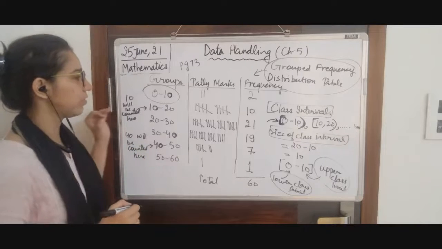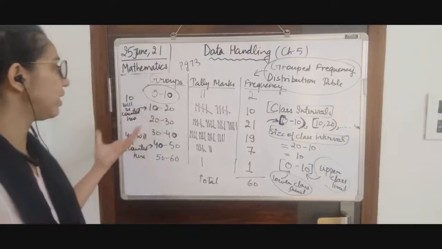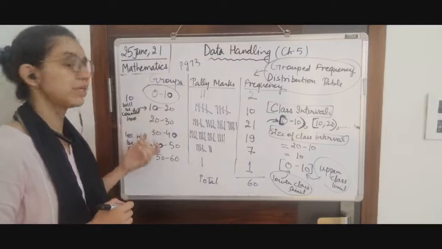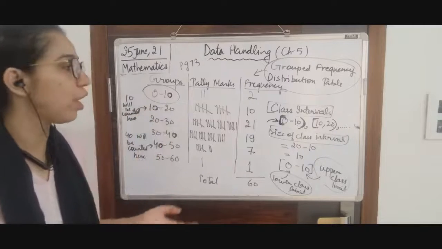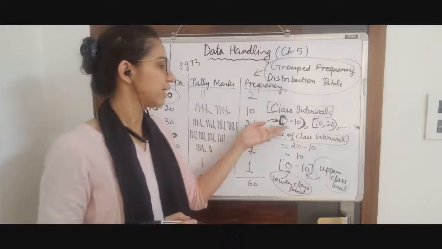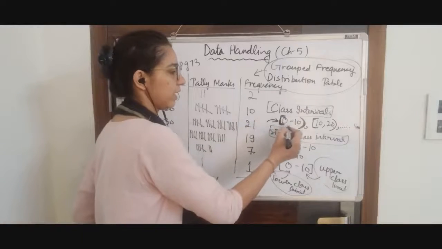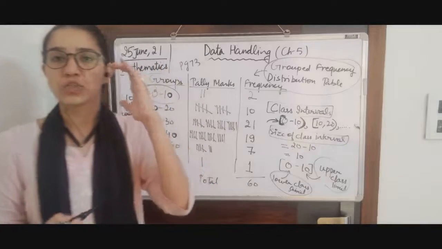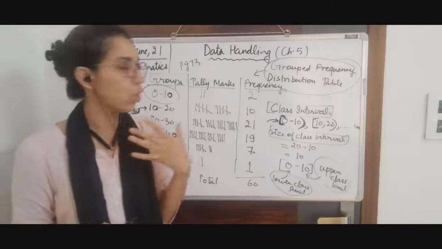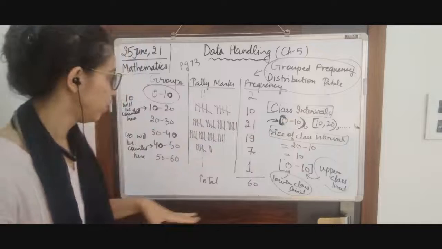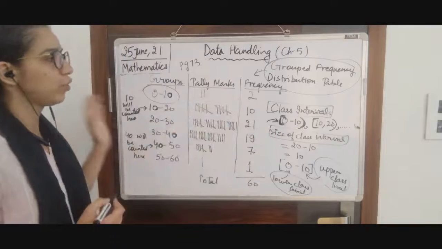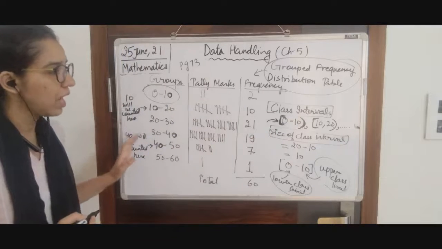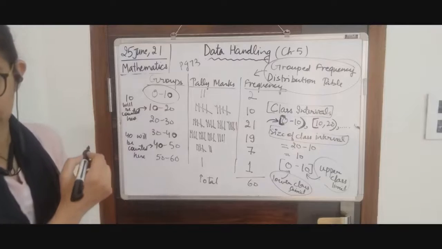Either you can just learn that we count the numbers in the higher class interval, or you can use the brackets to represent your data. Square bracket means the number is included and small bracket means the number is not included. So this was all about the grouped frequency distribution table.